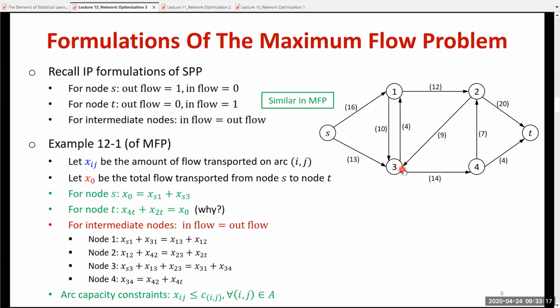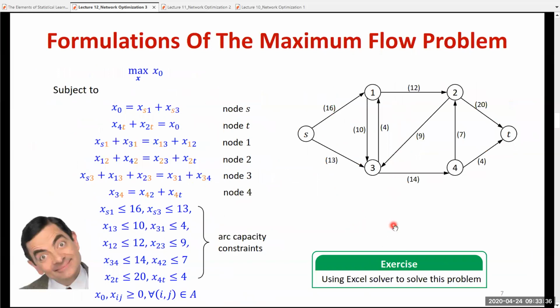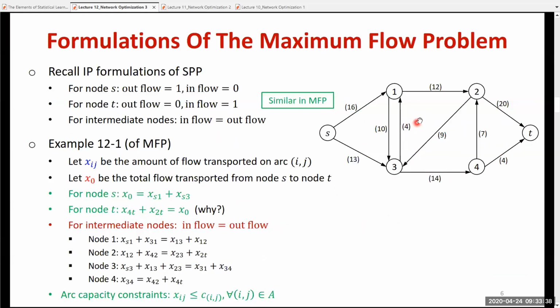Reasonable means, for example, I don't have to send more than 19 flows to 2, because the total number to 2 is at most 12 plus 7, right? And finally, we're going to solve this problem and you're going to see the final answer. So everything is going to be reasonable, and everything is going to be perfectly used.